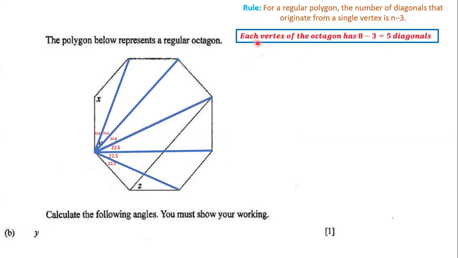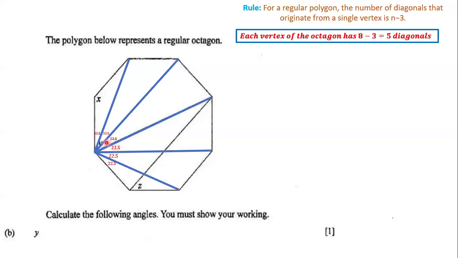That means each vertex of this octagon has 8 minus 3, which is 5, diagonals. We are focusing on this particular vertex, and we draw 5 diagonals. This is 1, this is 2, this is 3, this is 4, and this is 5. Those are the diagonals that we have right there.